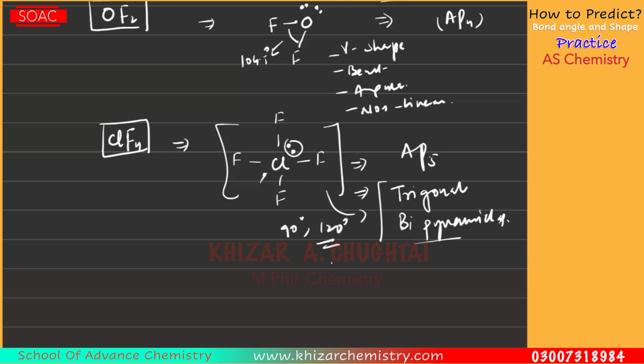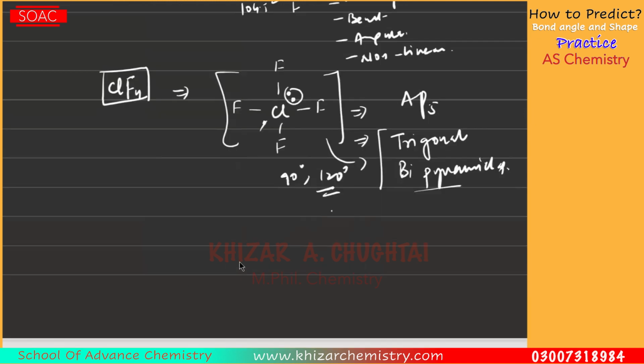Now come towards the last example in this sequence, that is IF5. So two halogens, not the same halogen, but both are halogens. They are making a new type of compound.